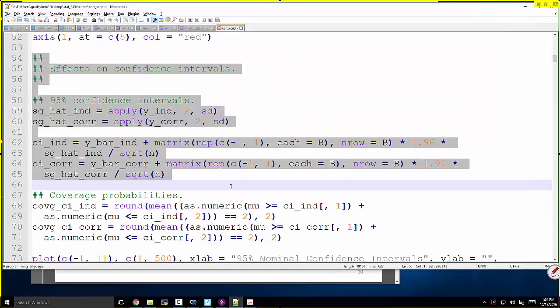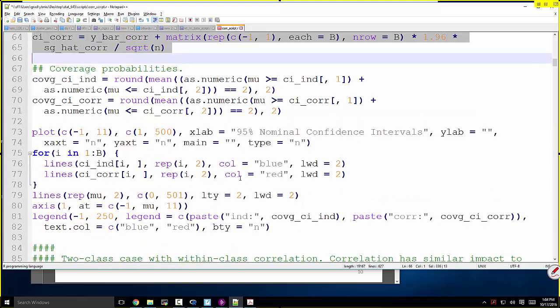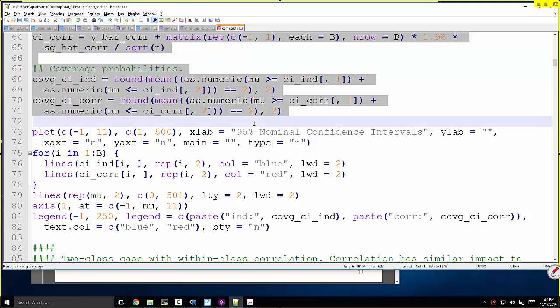If these are real 95% confidence intervals, then 95% of them should contain the truth. But we're going to see that since the standard deviations are wrong, the coverage will be lower than 95%. Let's do this first.